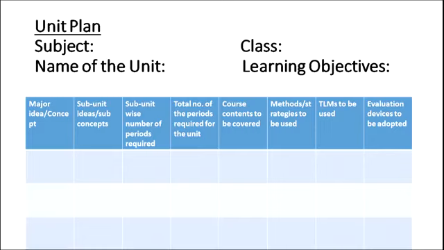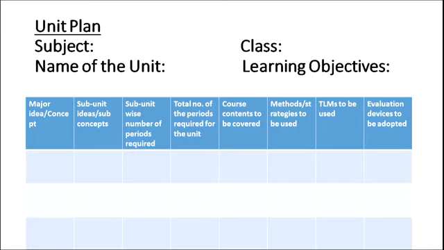Under the subunits, ideas or sub-ideas, we have types of diseases. And under the types of diseases, we can take 4 types: communicable and non-communicable diseases, diseases which are transmitted through vectors, and infectious diseases. So, subunit wise, the number of periods required is what we need to note down.